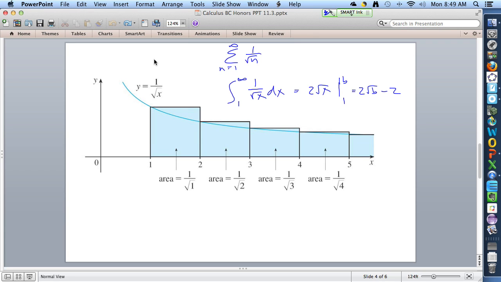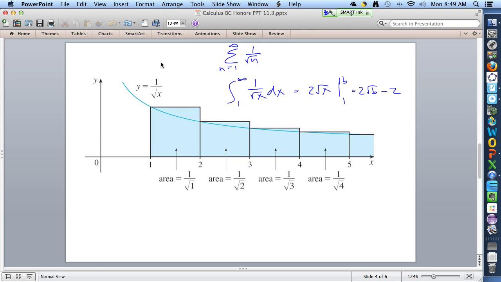There are times where you actually have to prove that this function is positive and decreasing. How could you prove that a function is decreasing? Well, we can prove it's positive really easily. To prove it's decreasing, you could do a second derivative.